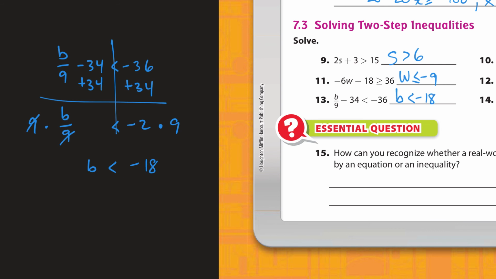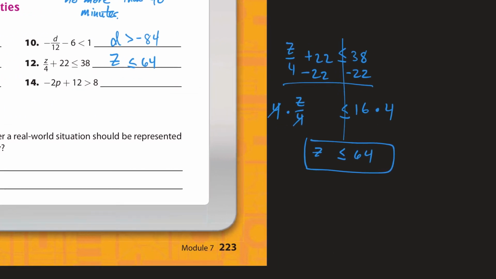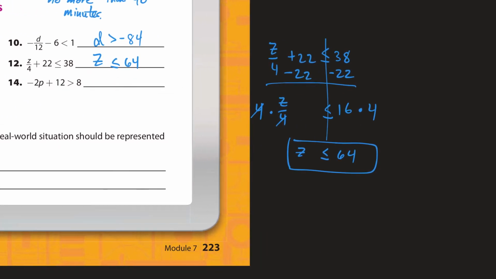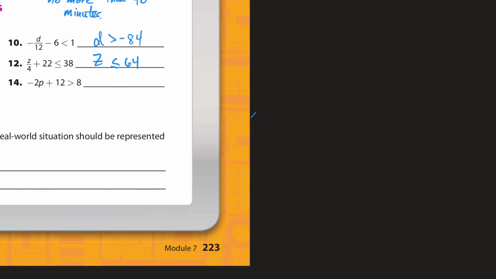Then what I have is this other one, number 14. It's negative 2p plus 12 is greater than 8. So we have two sides. The inverse of adding is subtracting, so I subtract 12.